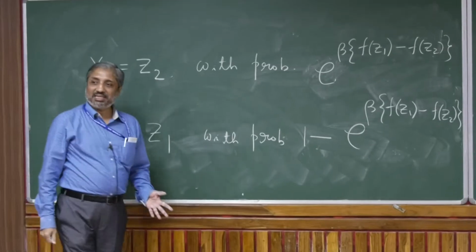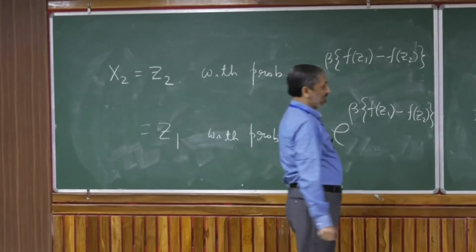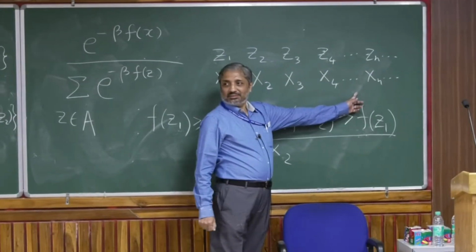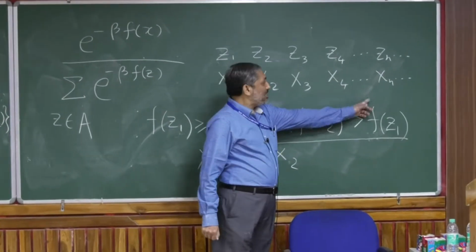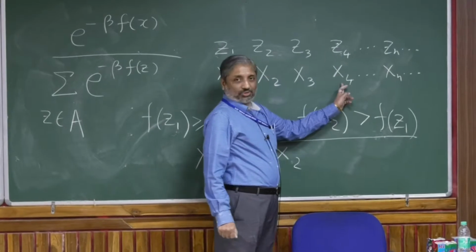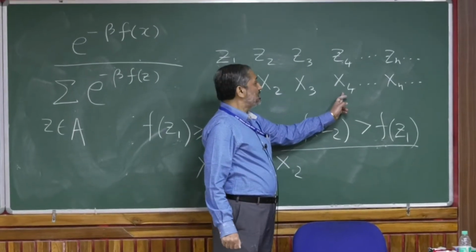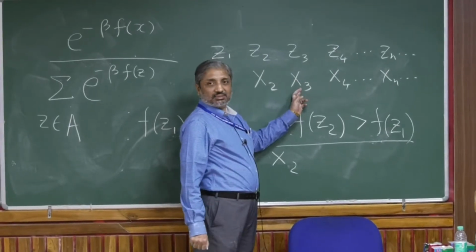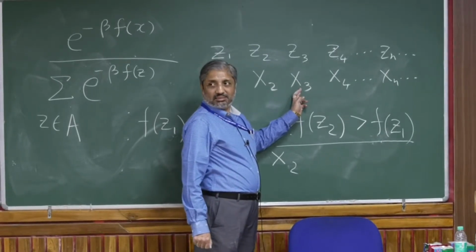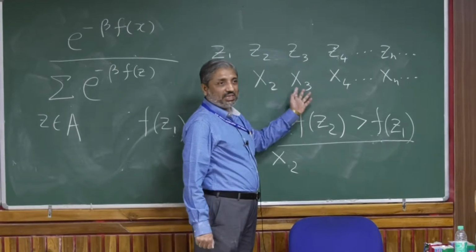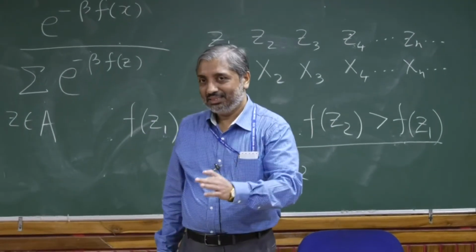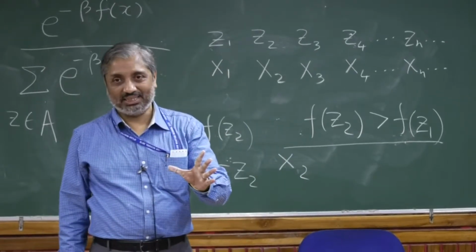What happens is that if you do that, do you realize that you are generating a Markov chain? Because at each stage, if I look at x4, its conditional distribution given x1, x2, x3 depends only on x3. Right? That's obvious, the way I have generated it. So this is a Markov chain. It's a finite state space Markov chain.